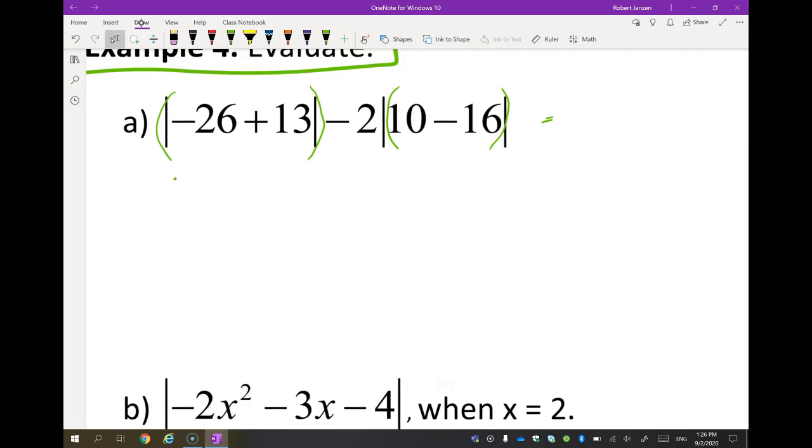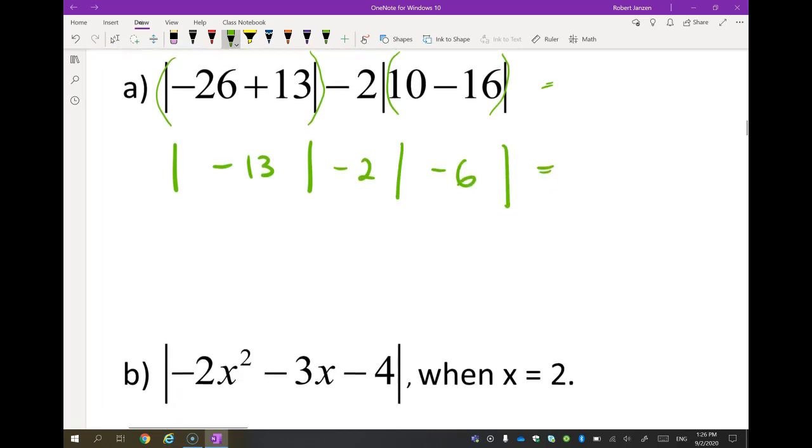So we're going to have the absolute value here of negative 26 plus 13. This is negative 13. Then I'm going to write minus 2, and then I'm going to have absolute value of negative 6. Again, this looks a little tricky, so I'm going to remember open, close, open, close. So let's do the absolute value of negative 13.